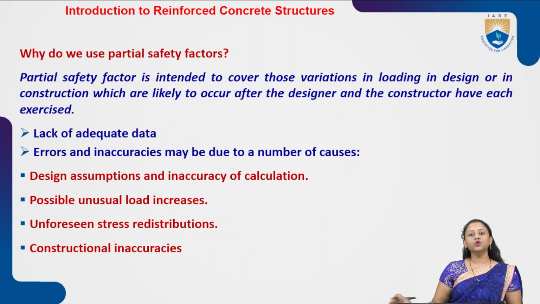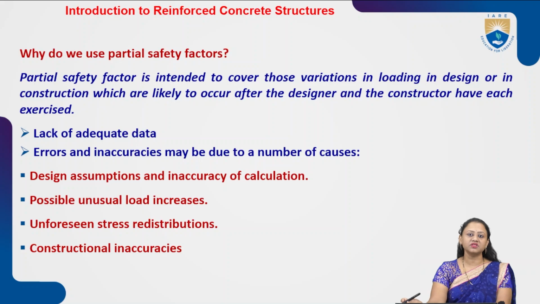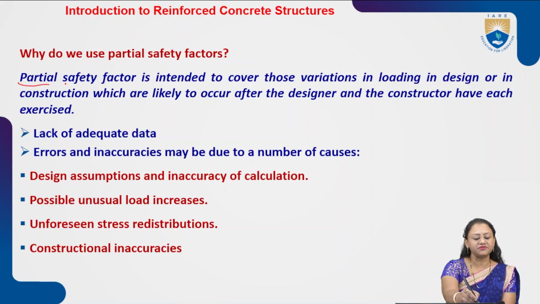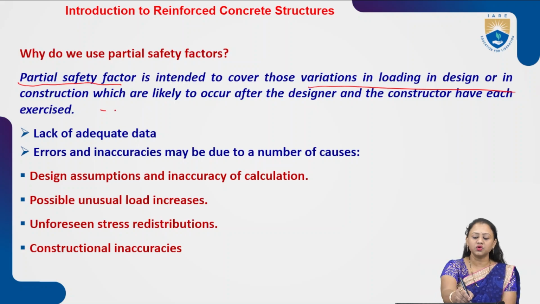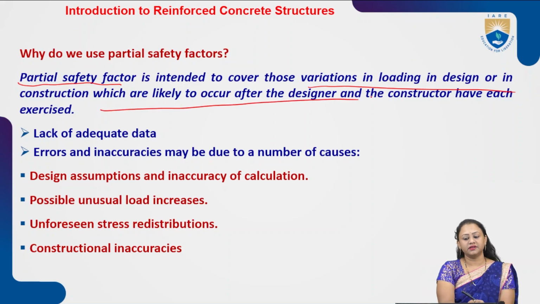So why do we need a partial factor of safety? What is a partial safety factor? This partial safety factor is intended to cover those variations in loading, in the design or in the construction, which are likely to occur after the designer and the constructor have exercised their care. That means what we calculate during the design is not directly transmitted to the structure.